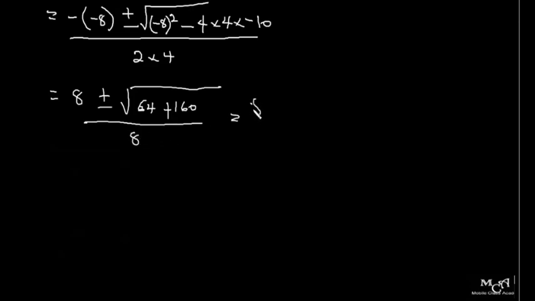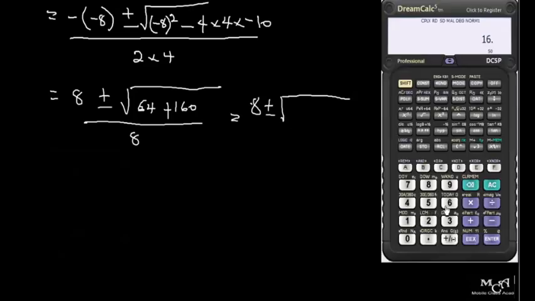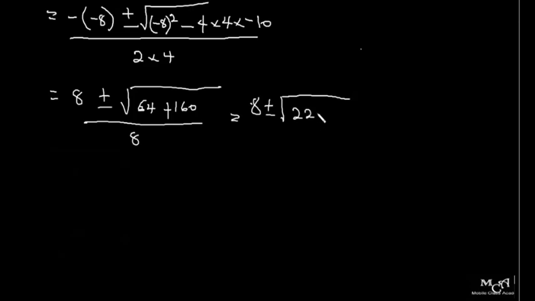This will give us 8 plus or minus square root of 64 plus 160. That is 224, all over 8.